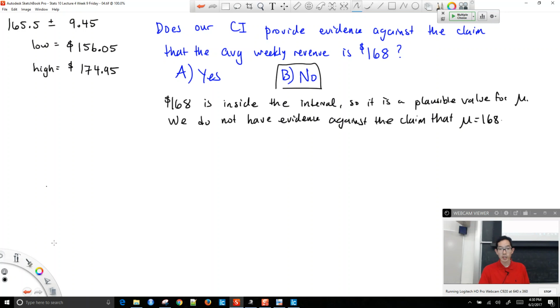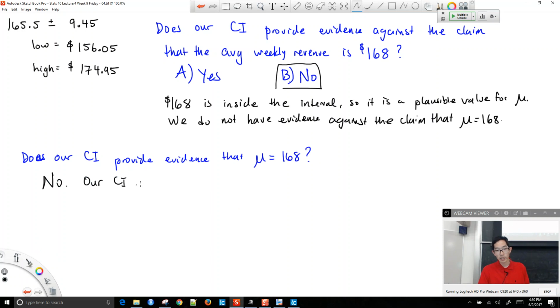Okay? But if we asked the question, does our CI provide evidence that mu is equal to 168, what would we say there? We would say no, okay?